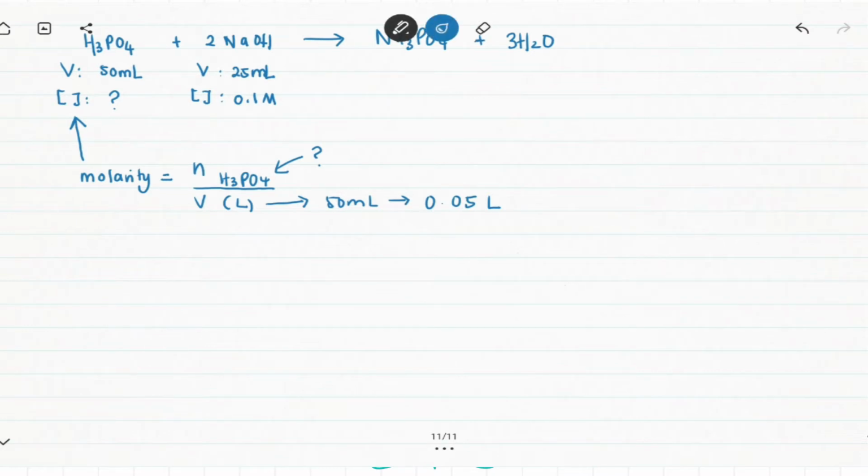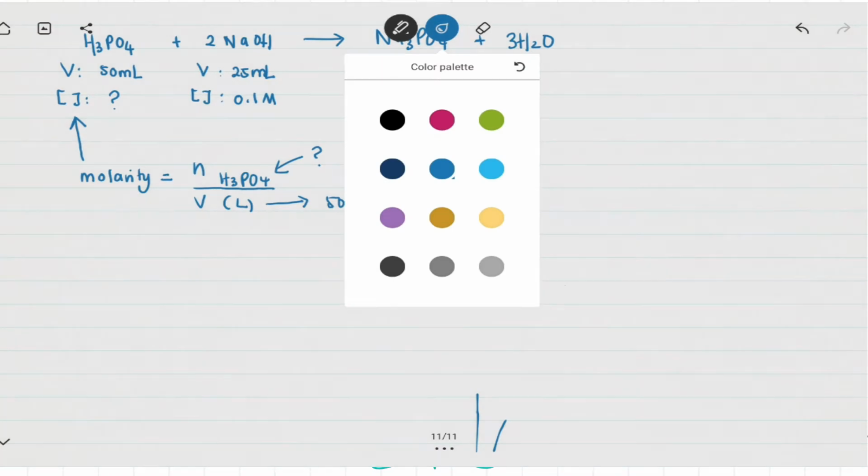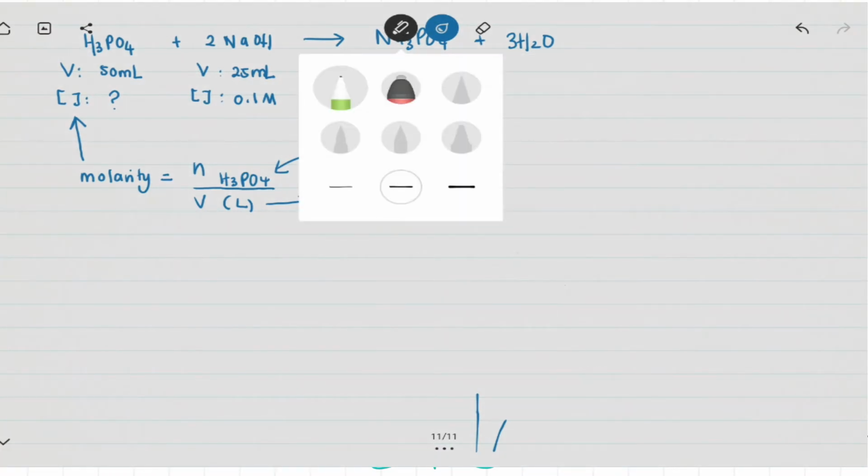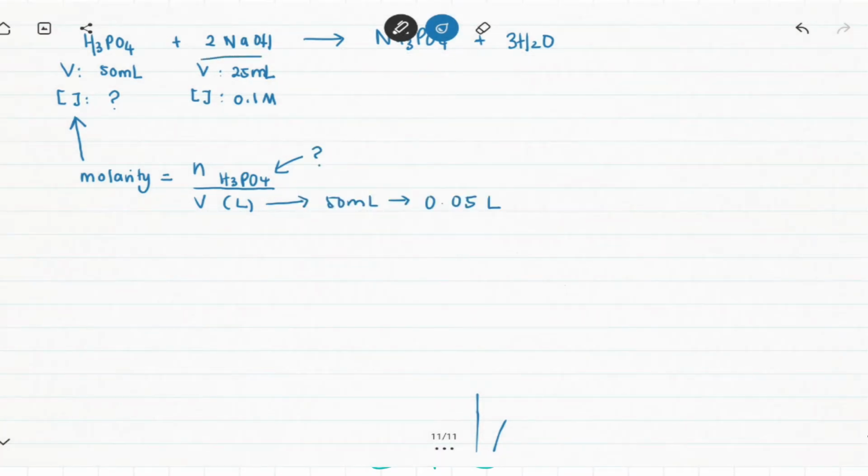Right now we can use the stoichiometric relationship between NaOH and H3PO4. Okay, we will use mole of NaOH to calculate mole of H3PO4.